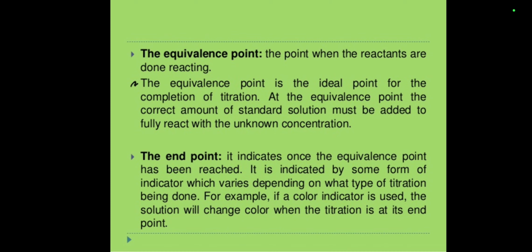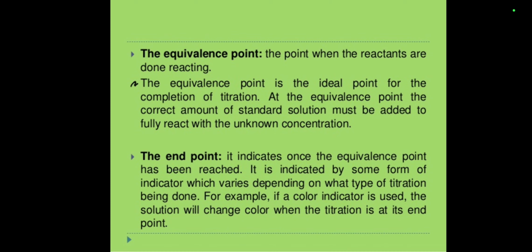So we can identify the end point if there is a change in color. If you've already reached the end point, there is a change in color, meaning that is your end point. So from the description itself, there is a difference between the two processes.